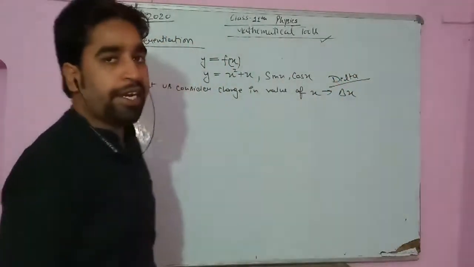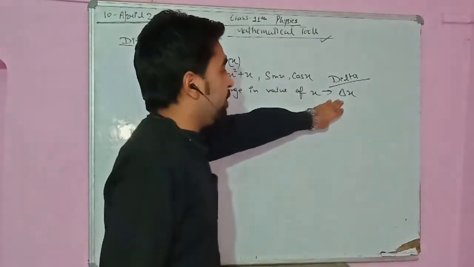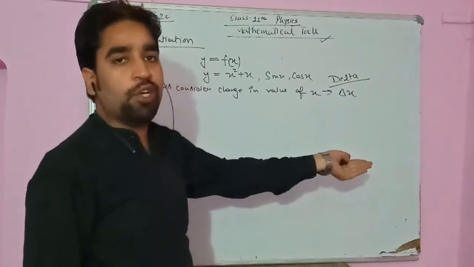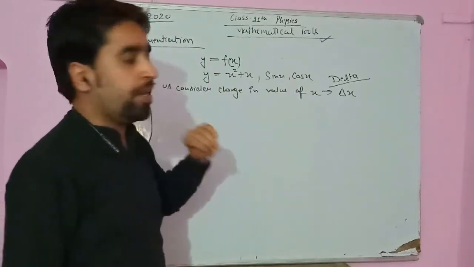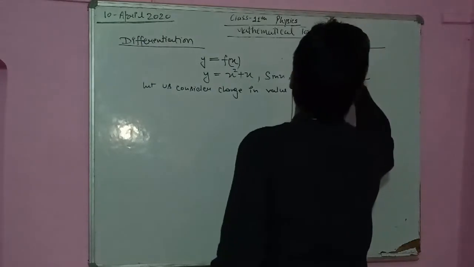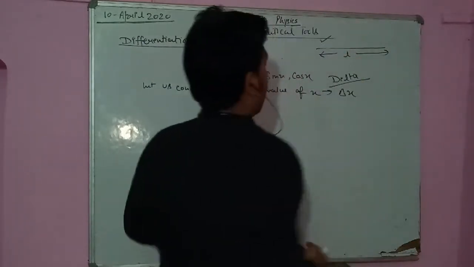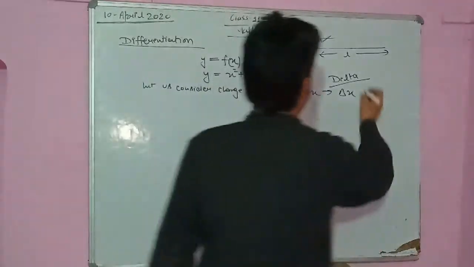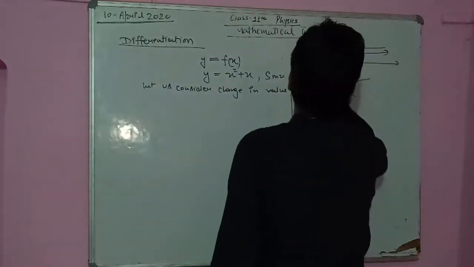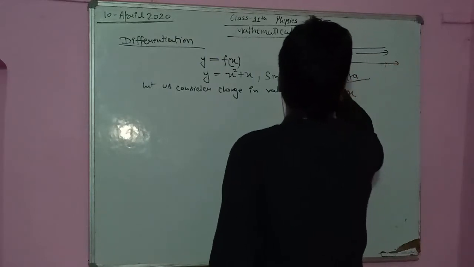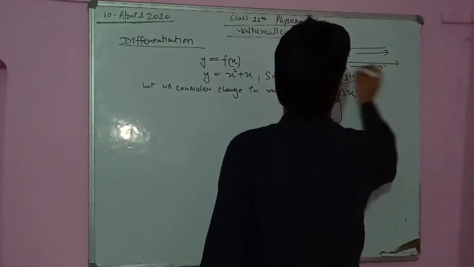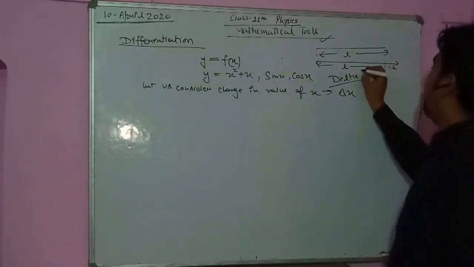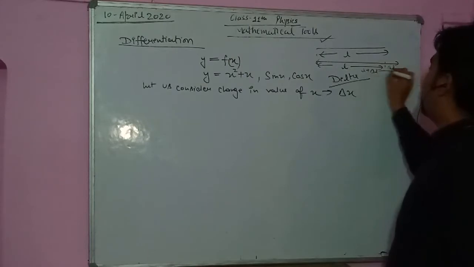We pronounce it delta, लेकिन शॉर्ट में हम इसको del लिखते हैं, और ये हमेशा change के लिए denote किया जाता है. जहां पर भी change होगा किसी value में, वहां पे हम del से उस change को show करेंगे. For example, I have a wire of length l, and I stretched it. मैंने इसको खींचा और इसको खींचने की वजह से इसकी length बढ़ गई. And what is the change in length? इतना जो stretch हुआ है, that will be known as del l. So the total length will now be l plus del l.